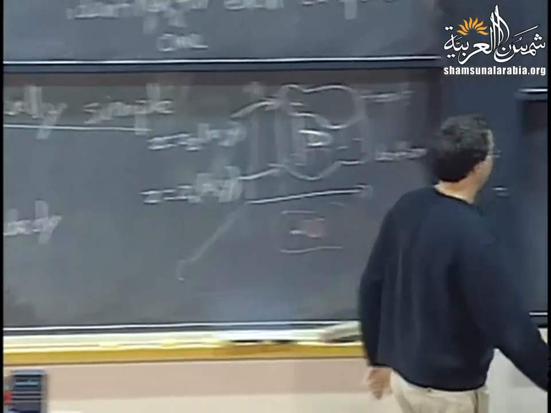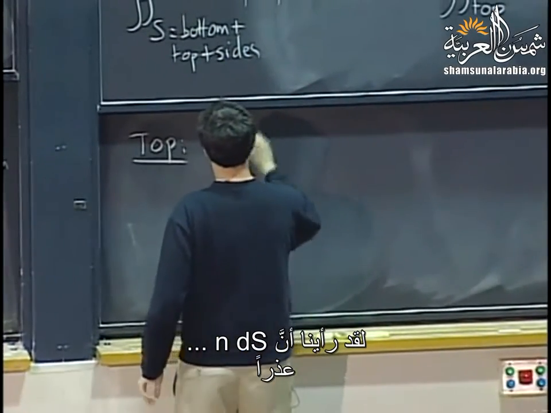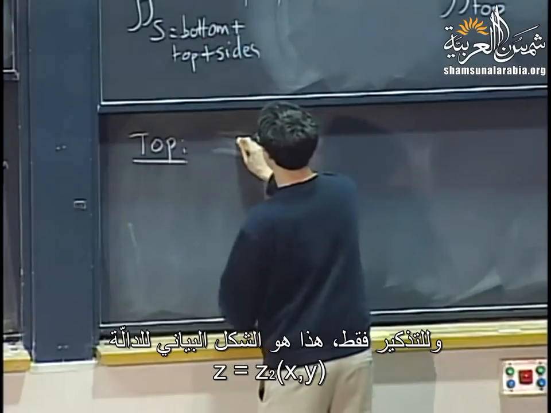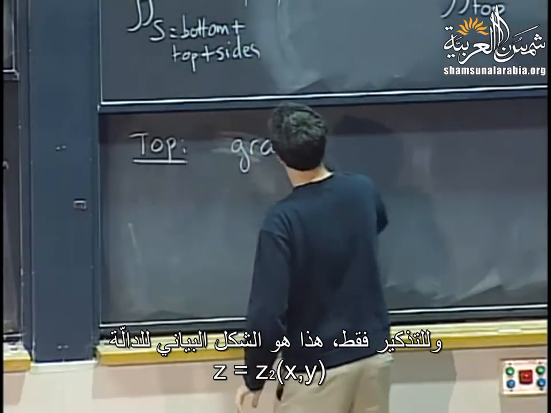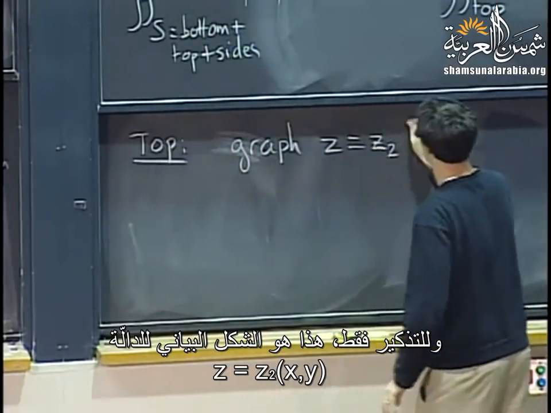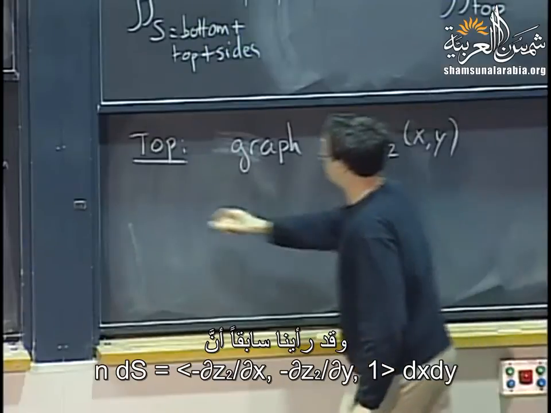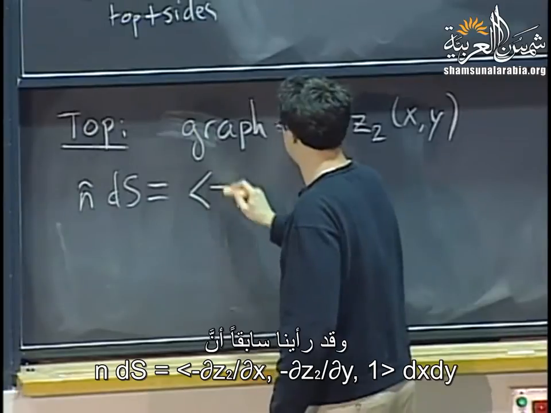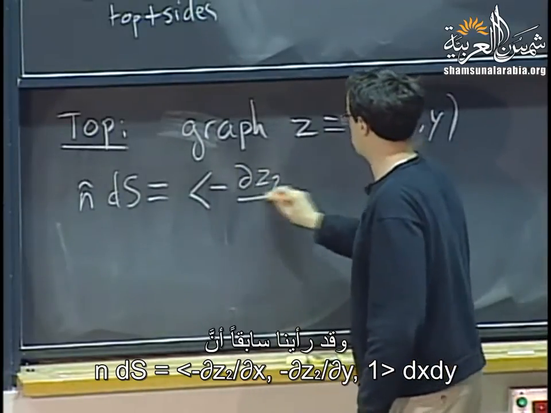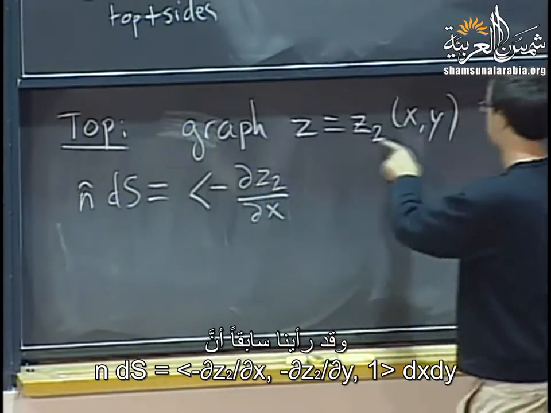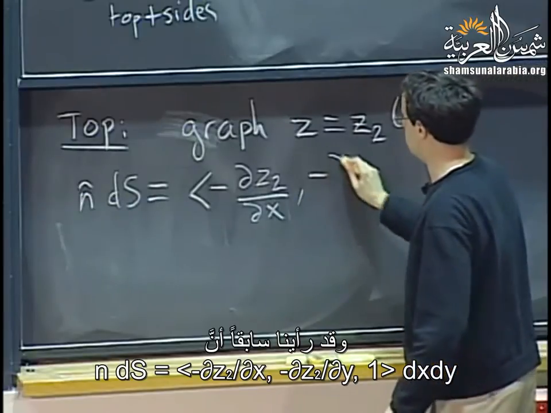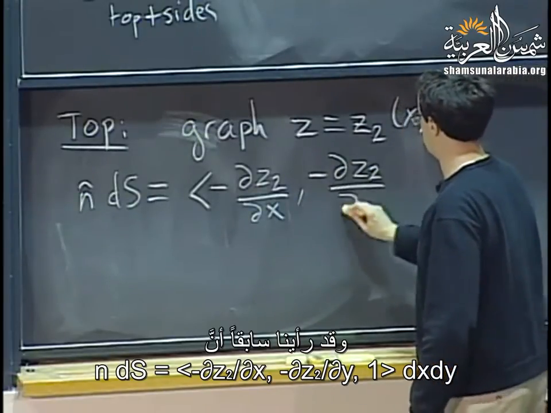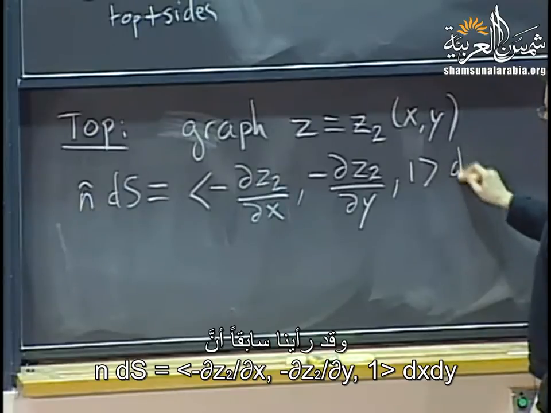Okay? We've seen that n dS, sorry, so just to remind you, this is the graph of a function z equals z2 of x, y. So we've seen n dS for that is negative partial derivative of this function with respect to x, negative partial z2 with respect to y, 1 dx dy.